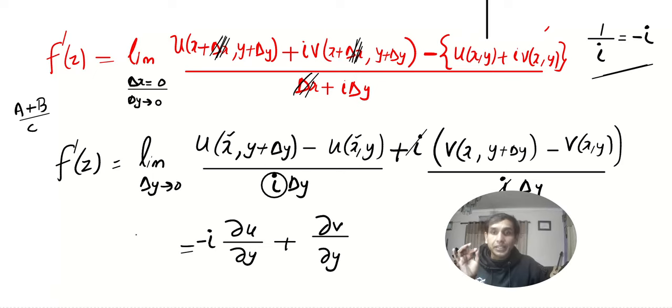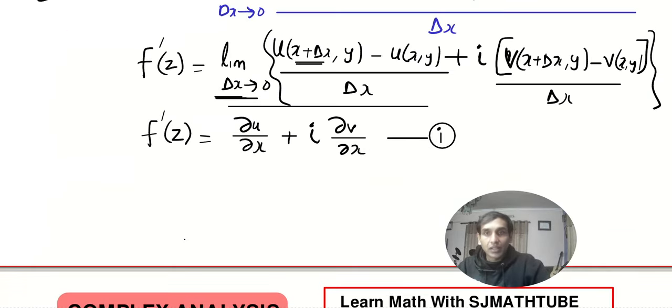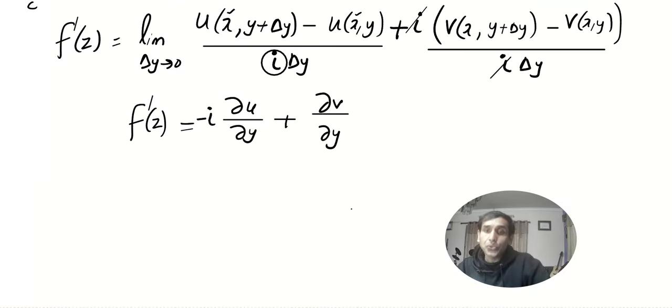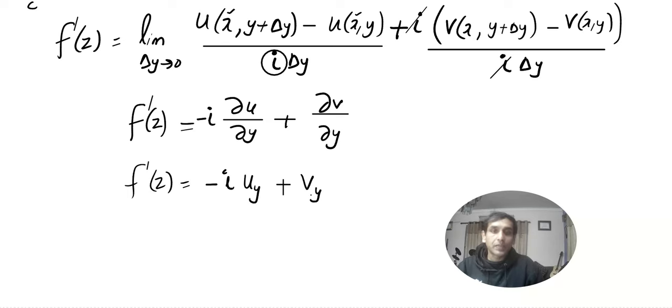So look at this. In case 1, the derivative value is something like this. That is, I'll write it like f dash of z equal to ux plus i vx. In case 2, I am getting the derivative value minus i uy plus vy. But wait a minute. What did we assume in the beginning? The function is analytic.